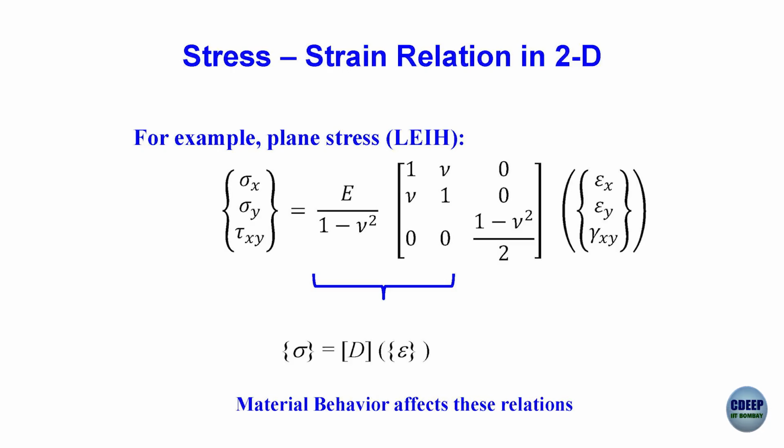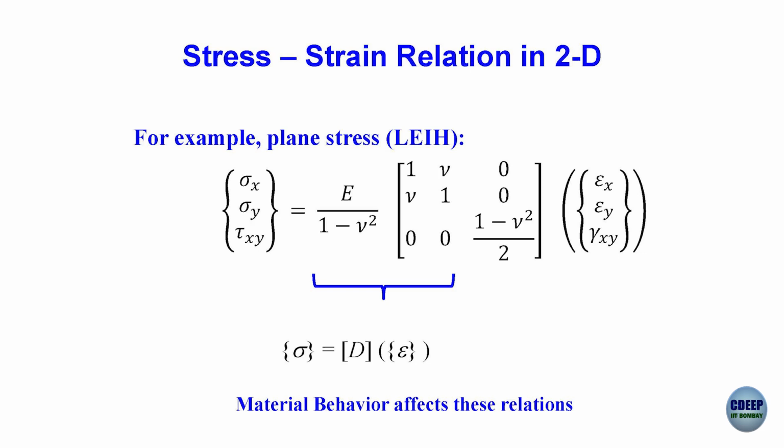Stress is given in terms of strain using your standard assumption of linear, elastic, isotropic, homogeneous. These four assumptions are made. It is going to be linear, elastic, isotropic, homogeneous. That is what you assumed in solid mechanics while you are deriving this.